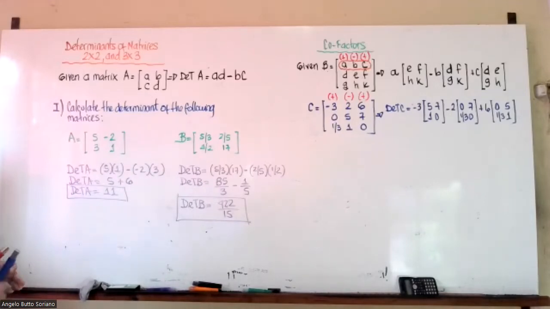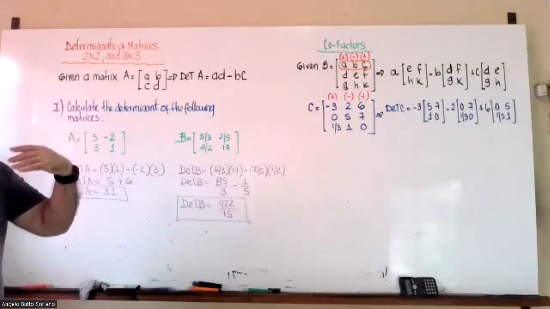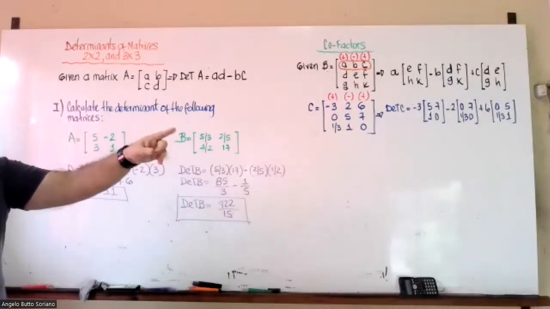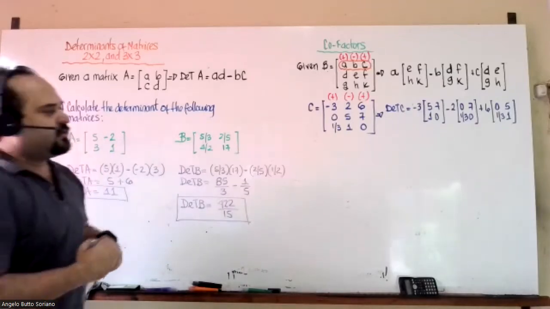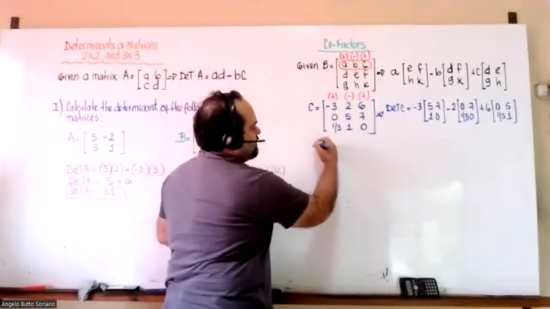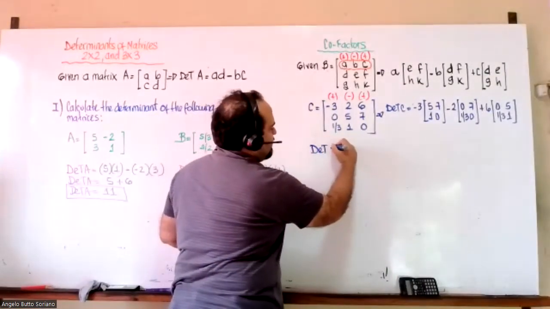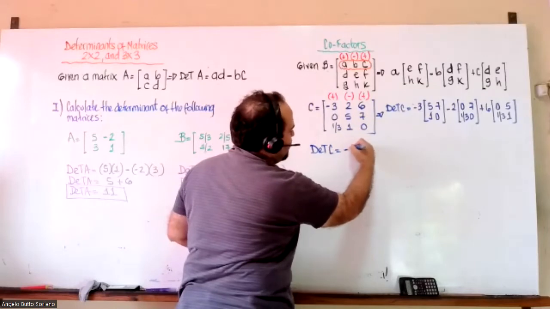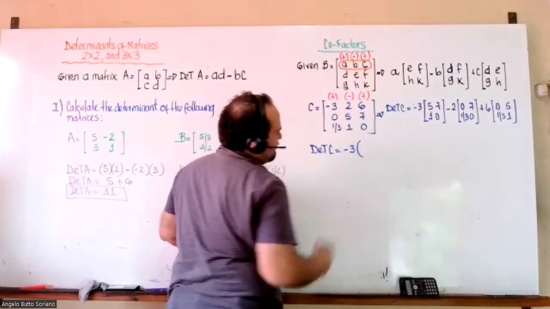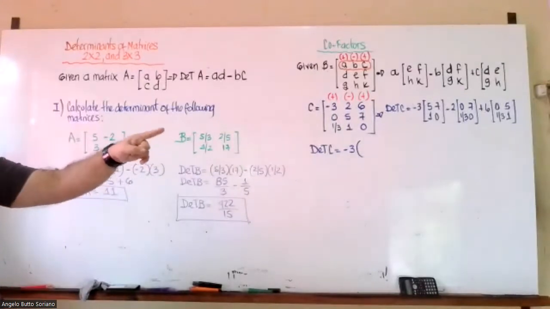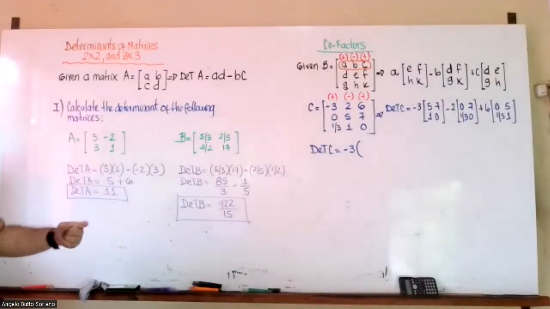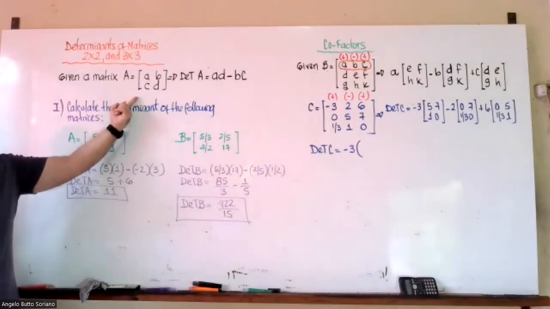Okay, now let's continue because this is not the solution. This is the initial statement. Now let's calculate the determinant. Determinant C will be equal to, copy the -3, open parentheses or brackets as you wish. Because we have a 2 times 2 matrix, let's apply the original formula.